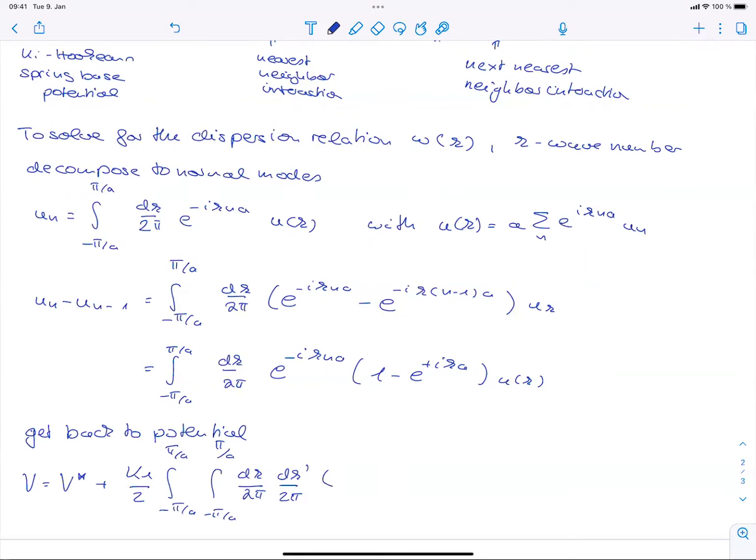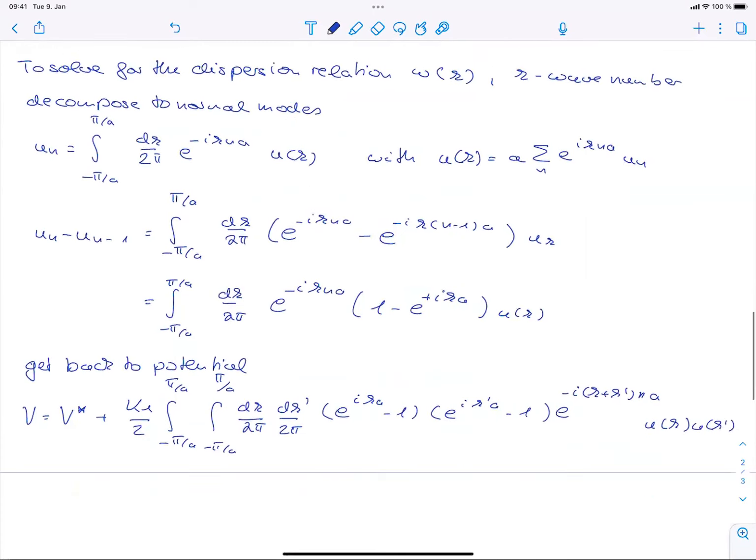I'm going to rearrange it with a minus sign. We have e to the i k a minus 1, e to the i k prime a minus 1. And the prefactors come in as k plus k prime and a. And then we have a u k prime. And obviously also the higher order terms, which I'm omitting here.